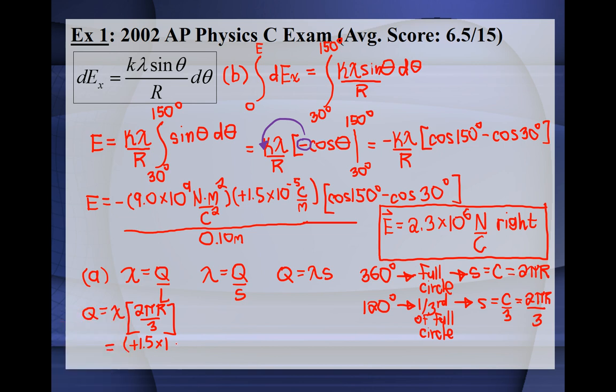And then we're going to multiply by 2 over 3 times pi, and then times the radius, which is 0.10 meters. I close the bracket off, and then we get my total charge on this bent wire, or this arc of charge, is going to be positive 3.1 times 10 to the negative 6 coulombs.